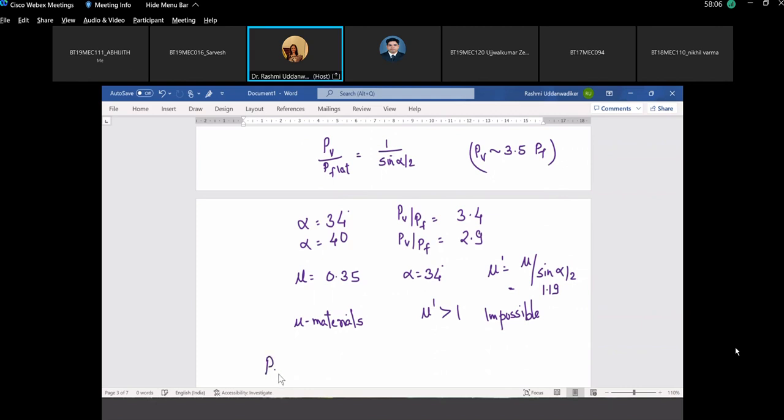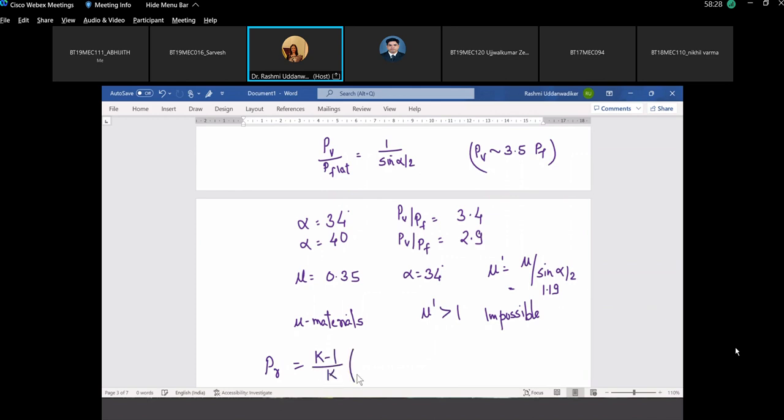Then while calculating the power transmission capacity or the rated power, we are only considering the tight side tension and the centrifugal tension in case of flat belt.